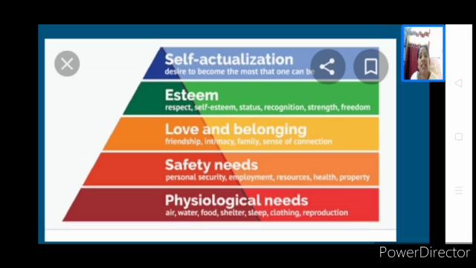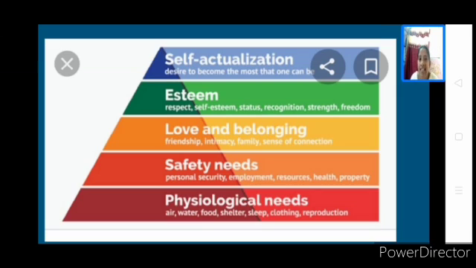So in that way, the needs of human beings form a priority. Once I'm happy with my basic needs, then I'll strive for the safety needs. Once I'm happy with the safety needs, then I'll go for the social needs, then esteem needs, then self-actualization needs. So this is the hierarchy of needs theory given by Maslow.